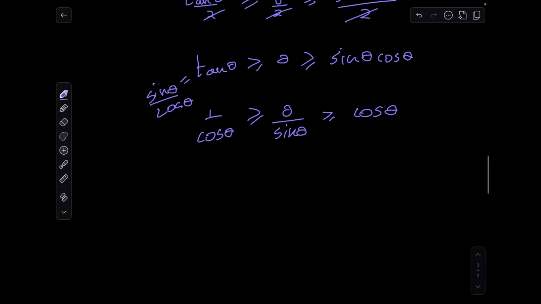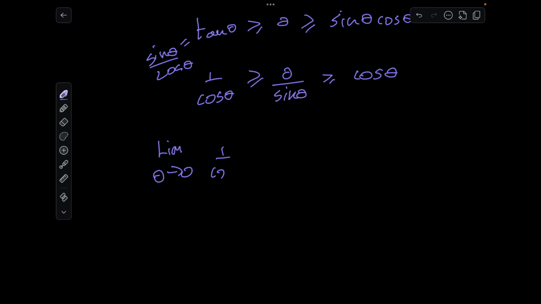So now, inserting the limit as theta gets closer to 0, we can simply remove the limit on this side and this side, because we want to know what the value of the middle term is.